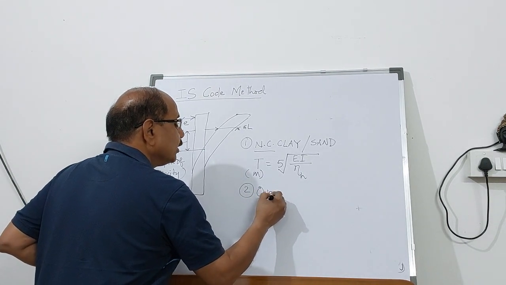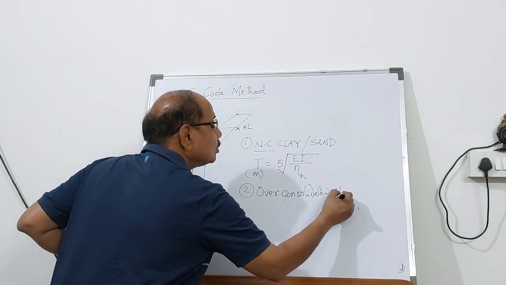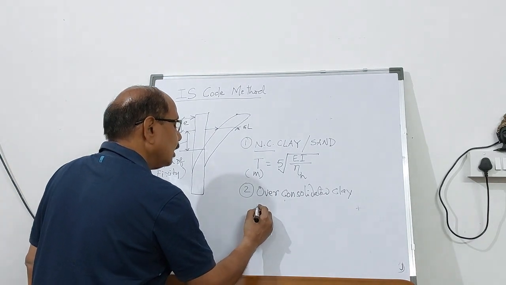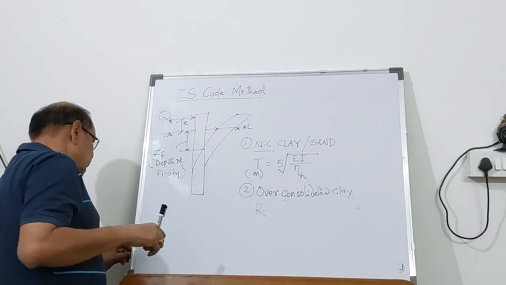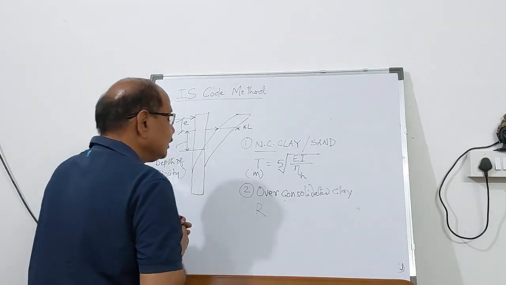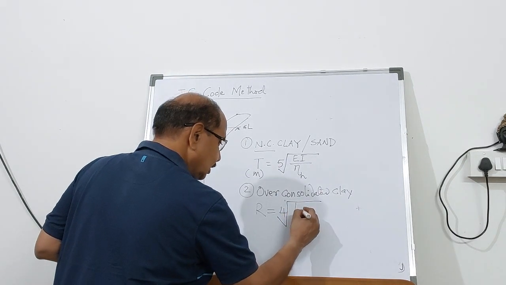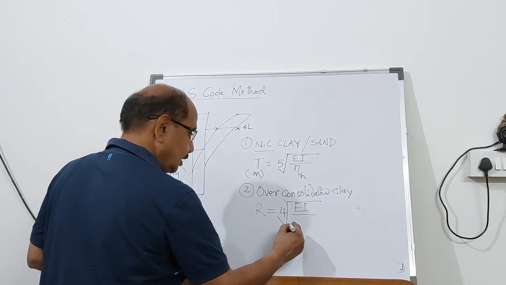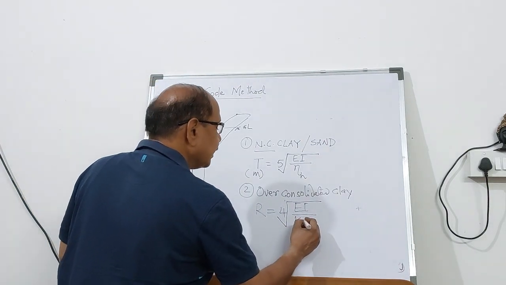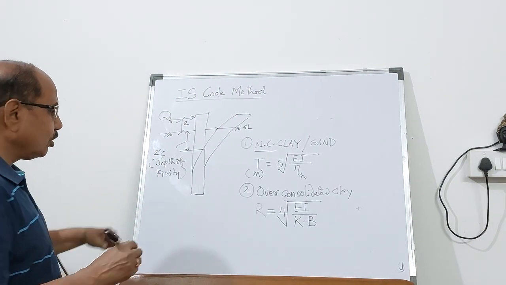But if the ground is pre-consolidated or over-consolidated, then you will have to find out a relative stiffness factor known as R. So this R value is given in the IS code, which is the fourth root of EI into a constant modulus K into B, where B is the lateral dimension of the pile.